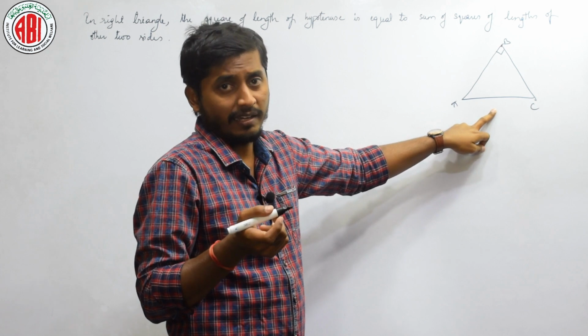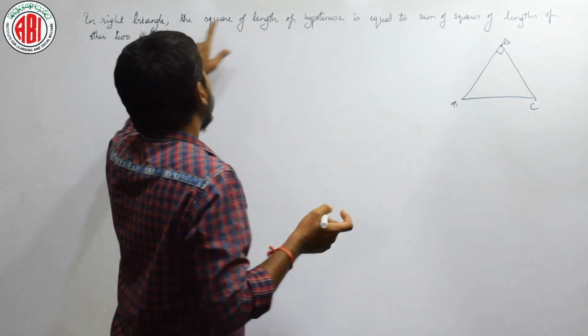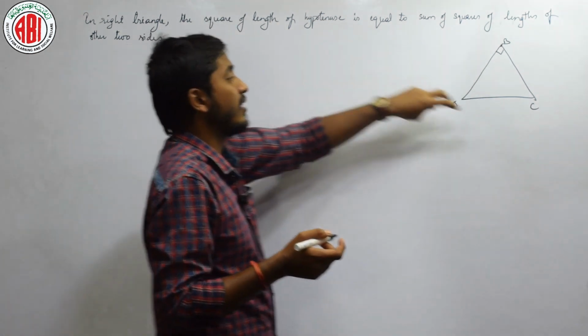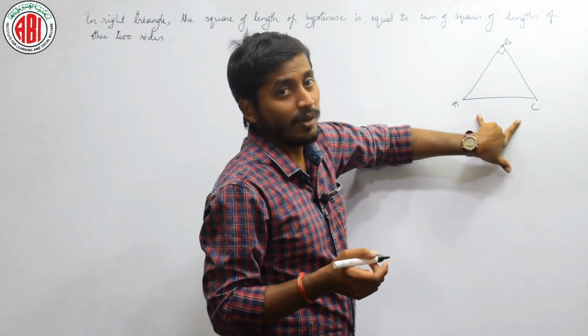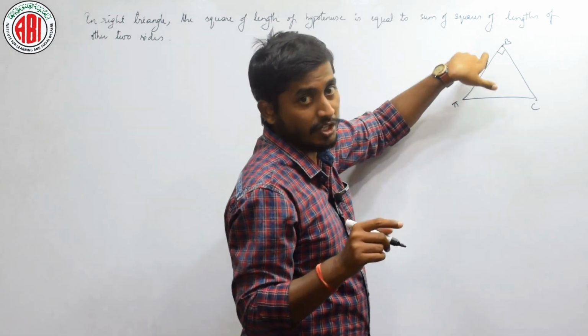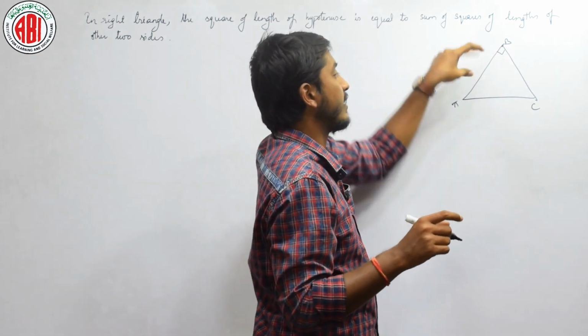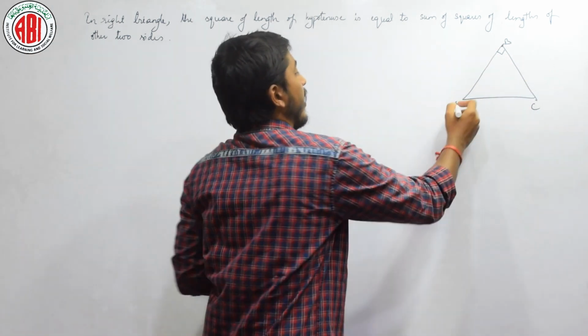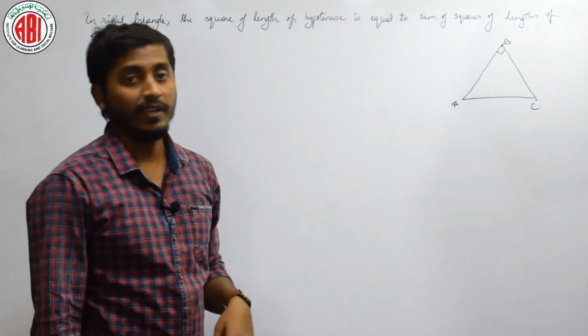The square of its length, AC square, is equal to the sum of the squares of the other two sides, that is AB square plus BC square. Is it clear?